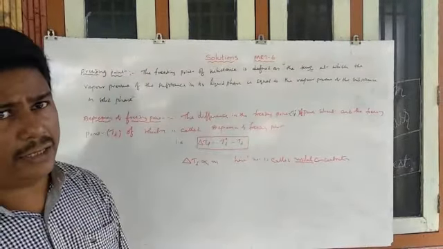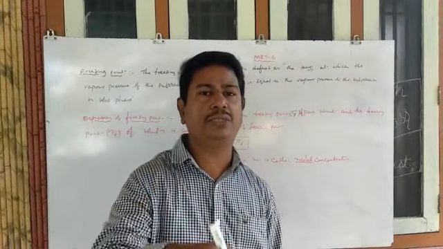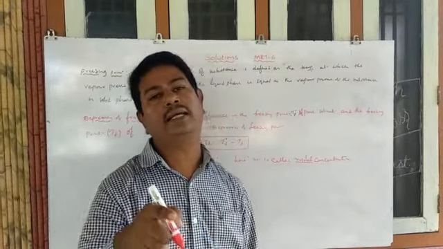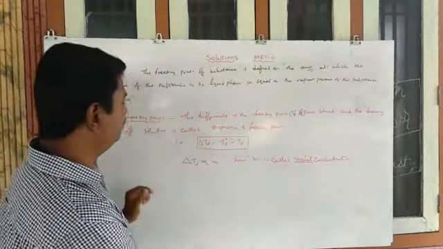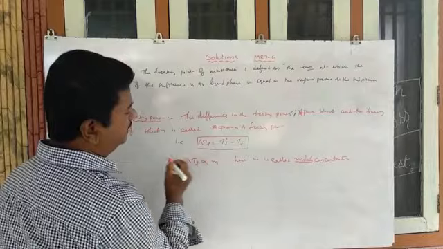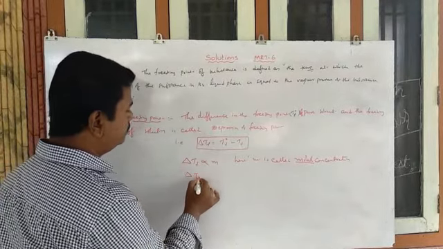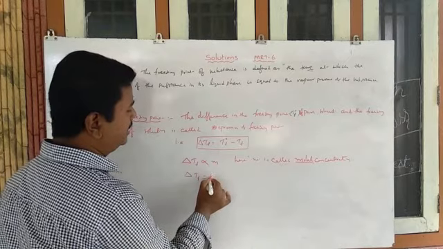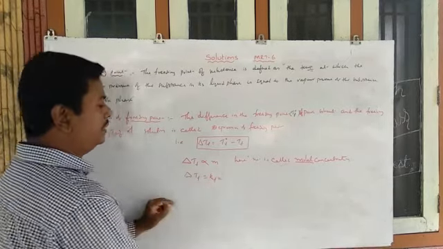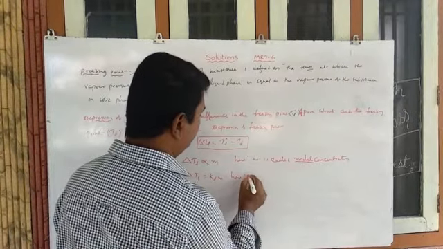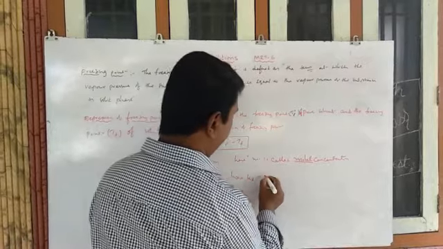According to the definition of molality, the number of moles of solute in 1 kilogram of solvent is called molal. So, removing the proportionality, we multiply with a proportionality constant Kf. Here the Kf is called the cryoscopic constant.